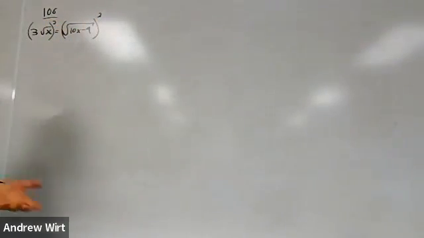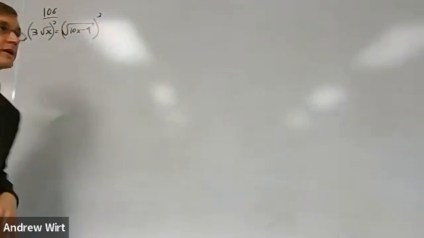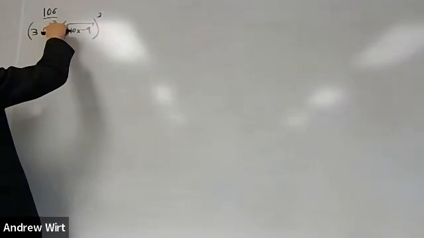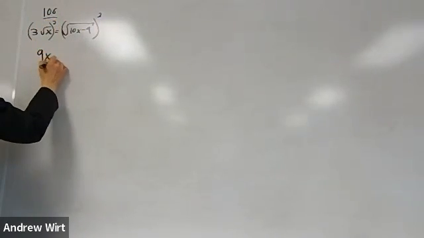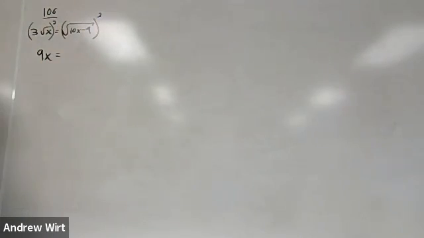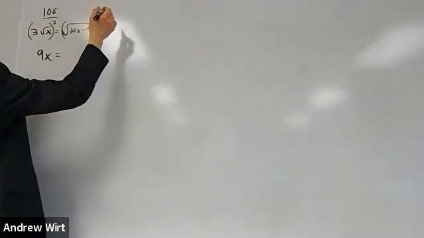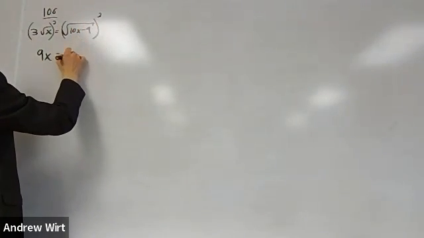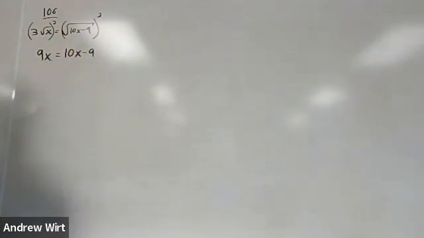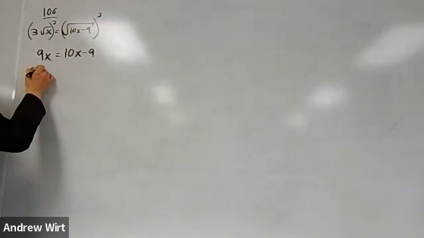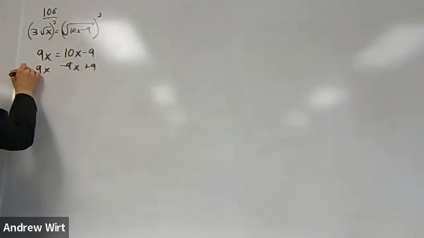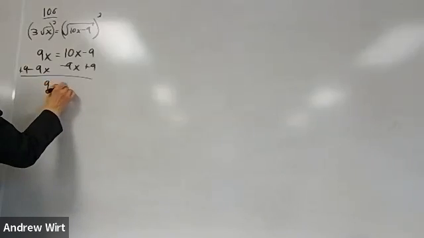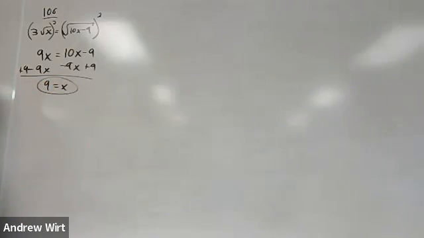So we can just square both sides and that will remove both radicals at once. Now just make sure you remember to square both the 3 and the square root of x. So we're going to get 9x on the left. And on the right, the square and the radical will cancel and we get 10x minus 9. And we get x is 9.